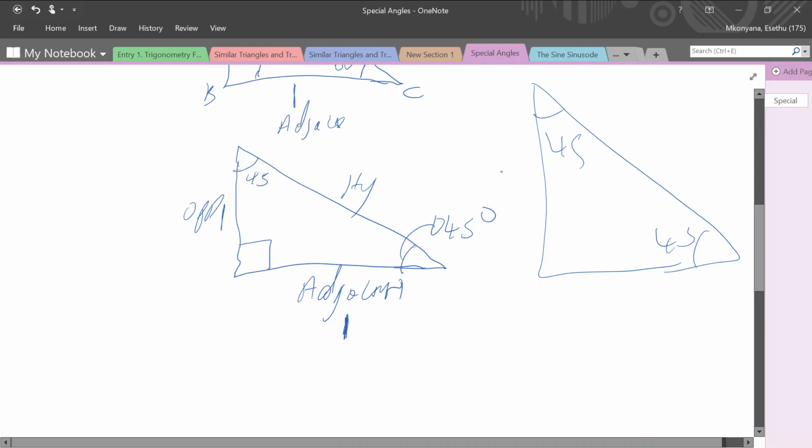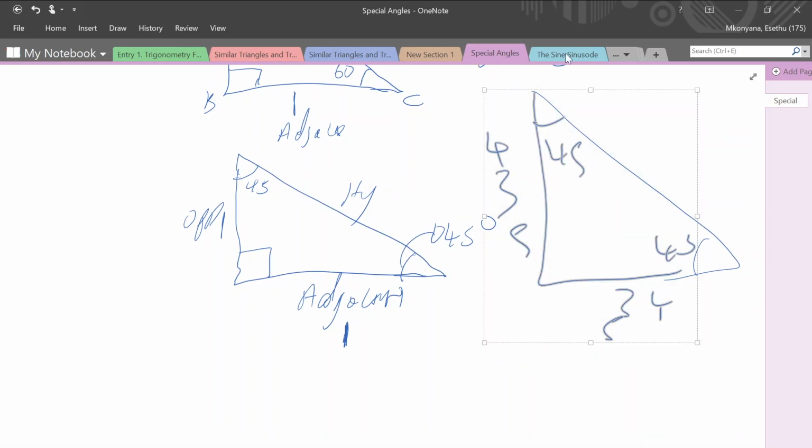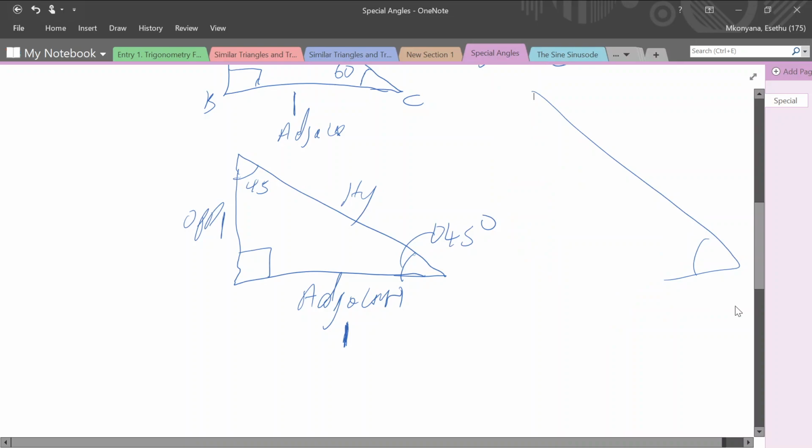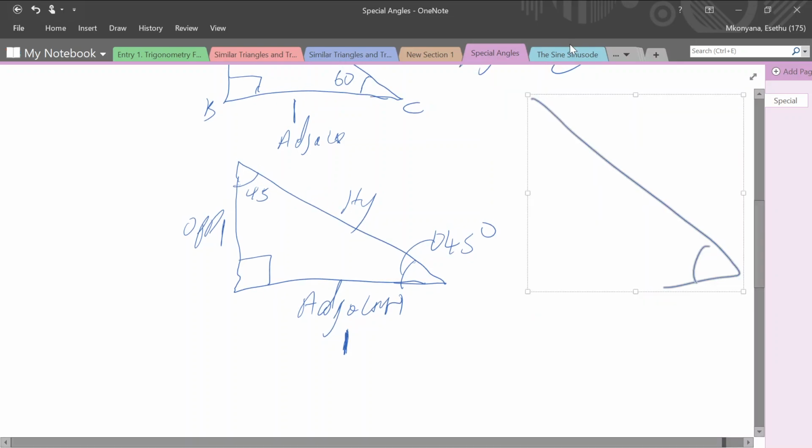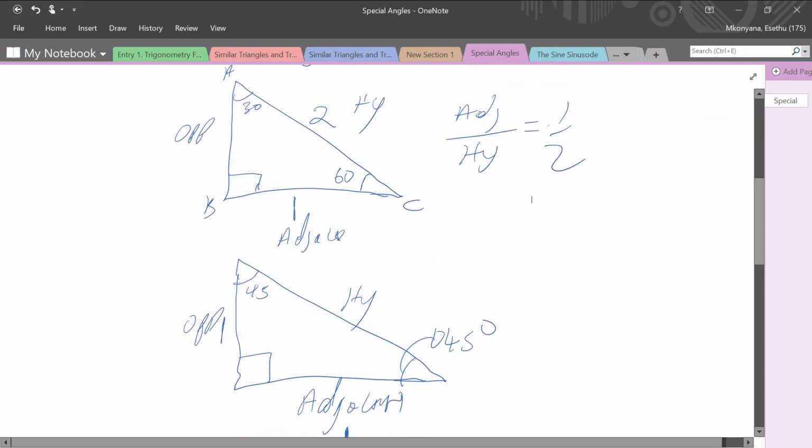So if this is 3, this will always be 3. If this is 4, this will always be 4. If this is 5, this will always be 5. If this is 6, this will always be 6. So that's the basic idea behind this triangle. It's a special trait of these two triangles, and they are very important triangles.